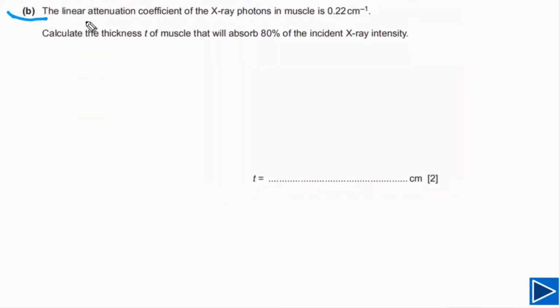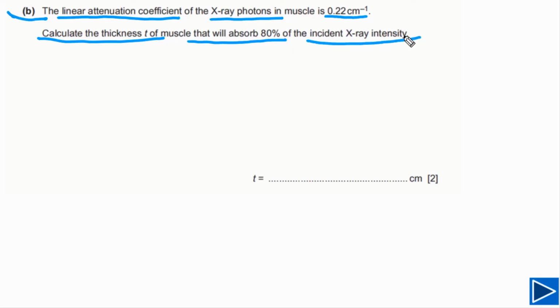For part D, it is given to us that the linear attenuation coefficient of X-ray photons in muscle is 0.22 per centimeter. We need to calculate the thickness of muscle that will absorb 80% of the incident X-ray intensity. So first of all, imagine that we have muscle. So this is muscle, and the intensity incident on this one is I naught.